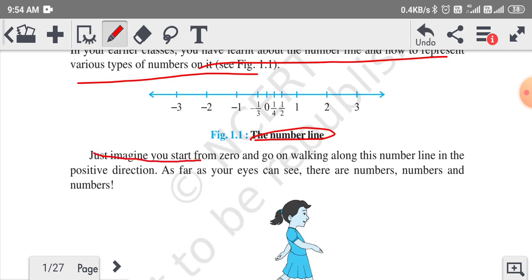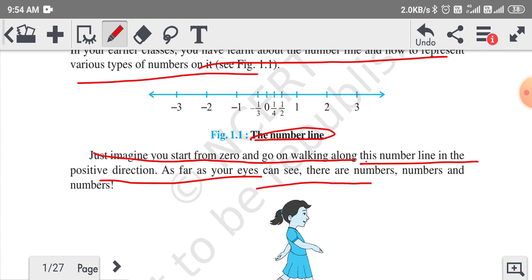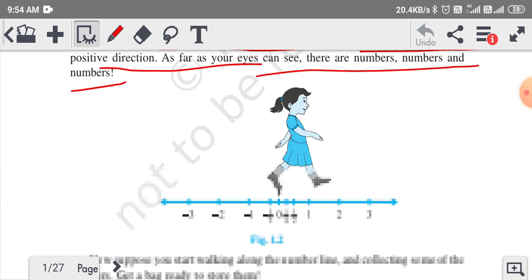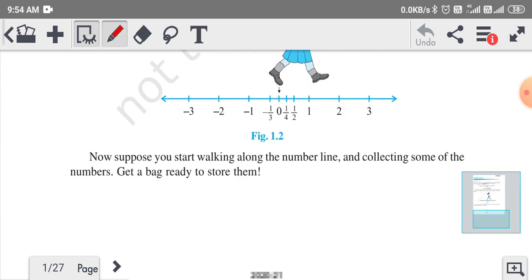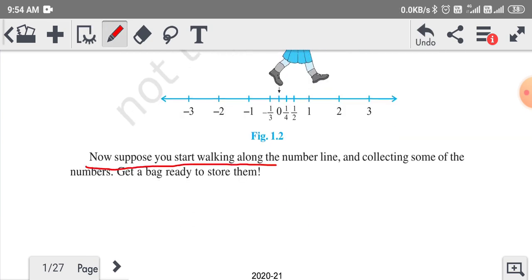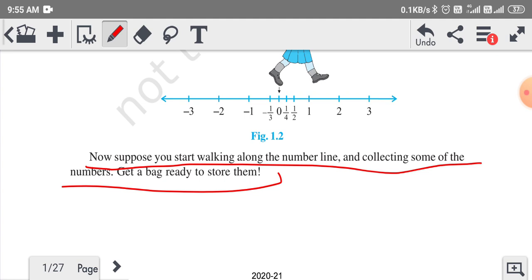Just imagine you start from zero and go on walking along this number line in the positive direction. As far as your eyes can see, there are numbers and numbers. Now suppose you start walking along the number line and collecting some of the numbers. Get a bag ready to store them.